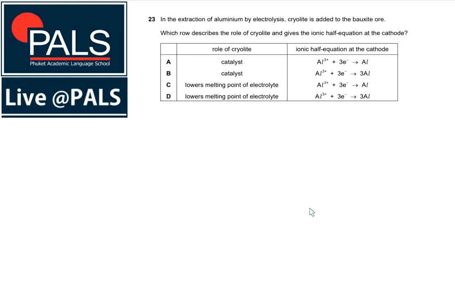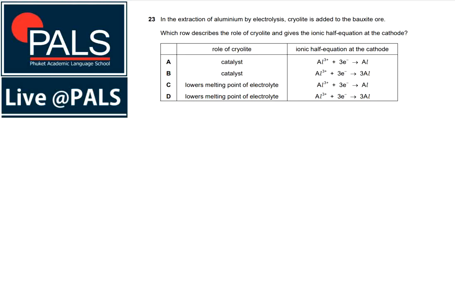In the extraction of aluminum by electrolysis, cryolite is added to bauxite ore. Which row describes the role of cryolite and gives the ionic half equation at the cathode? Actually, the role of the cryolite in the extraction of aluminum by electrolysis is to lower the melting point of the electrolyte.